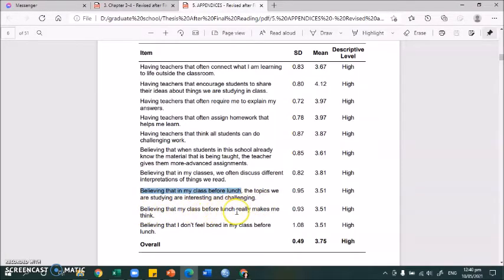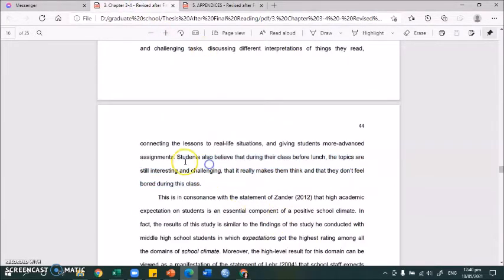Believing that my class before lunch really makes me think. Believing that I don't feel bored in my class before lunch. So, all of these items, they all talk about the class they have before lunch. Okay? So, nirestate yan. Students also believe that during their class before lunch, the topics are still interesting, challenging, and it really makes them think and that they don't feel bored during this class. So, inisa na siya, kinombine, kinonect.